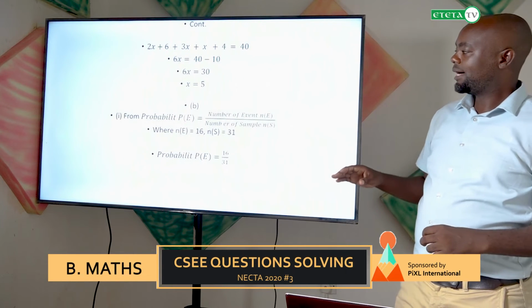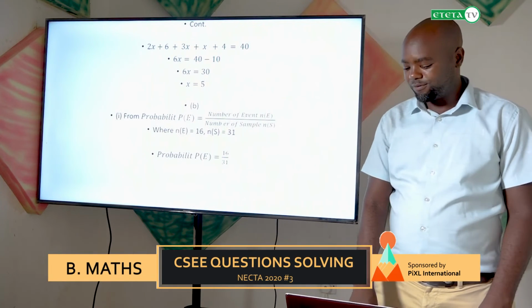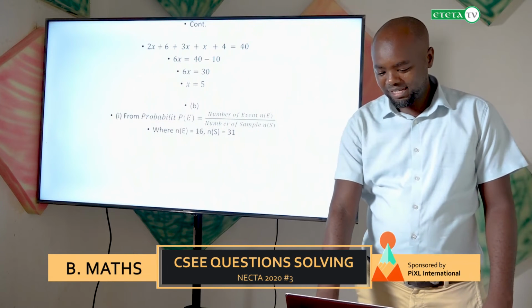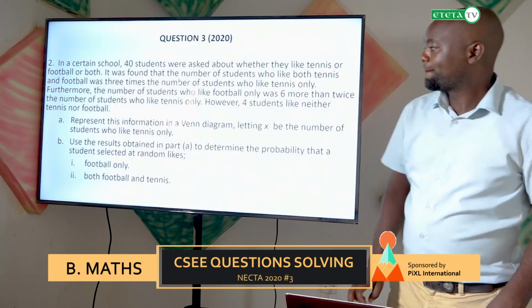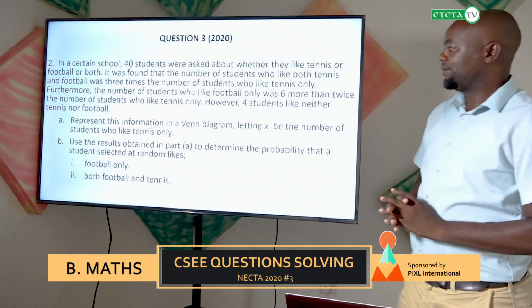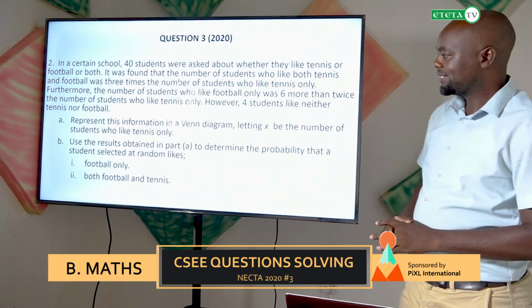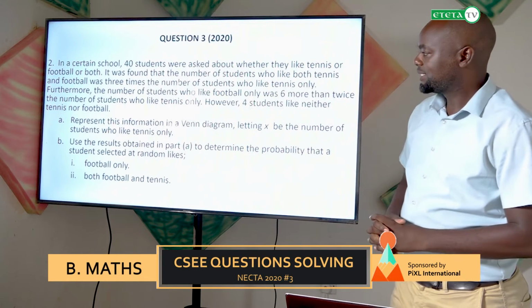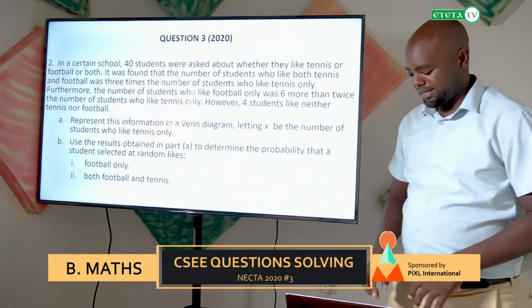So here, the expected outcome from our question above: use the result obtained in part A to determine the probability that the student selected at random likes football only.